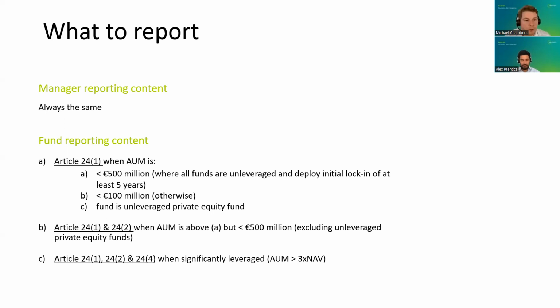So it'd just be Article 24.1 and maybe Article 24.4 if it's a significantly leveraged fund. So Article 24.2 does not apply when the funds are not marketed into the UK or EEA. So that's the reporting content piece.